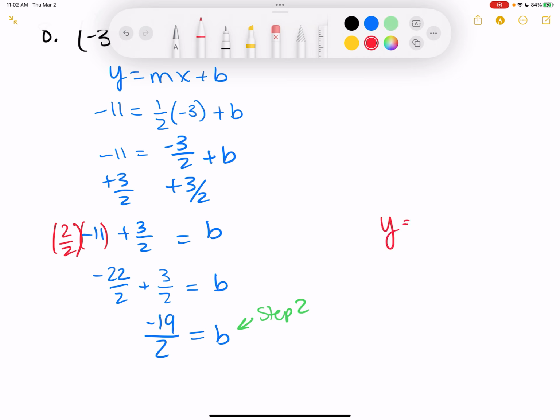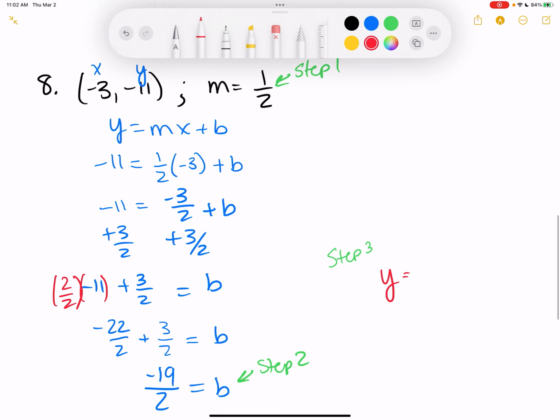Y equals what? One half x minus 19 over 2.